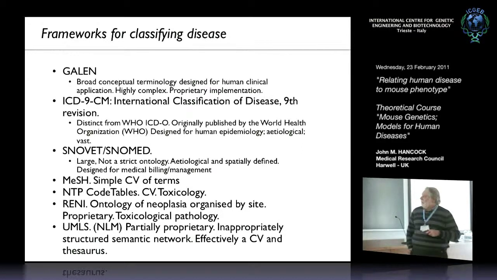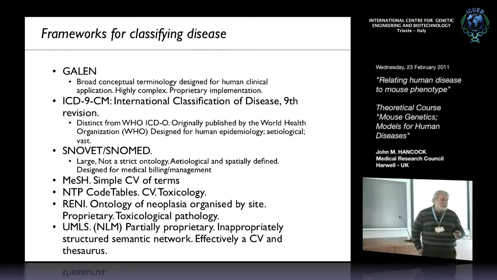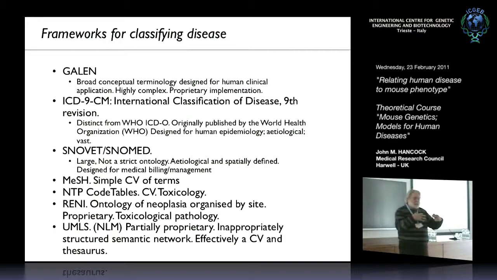It's designed for human epidemiology, and it has weaknesses if you're strict about how you design your ontologies, because it isn't just names. The names imply processes, and that means it's actually got two different domains of knowledge within it, and there are other issues as well.